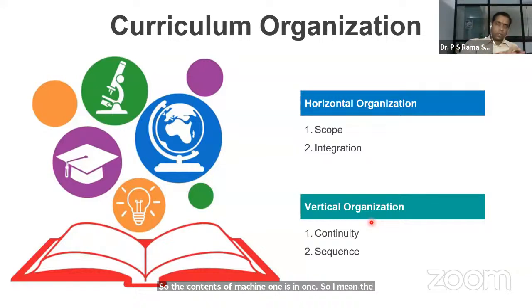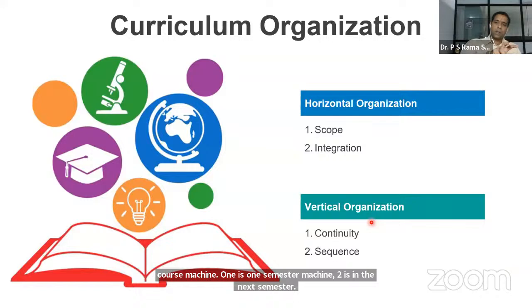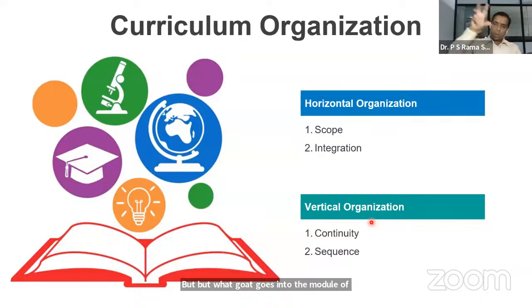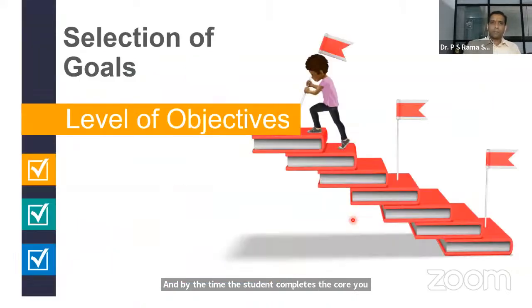But what goes into the module of machine design 1? What goes into the module of machine design 2? Right? And then the sequence of it is also very essential. So the vertical organization is the placement of the different courses right from semester 1 to semester 8. Are they well placed? It should be like joining the dots, and by the time the student completes the course, you should get a beautiful, complete picture of it.